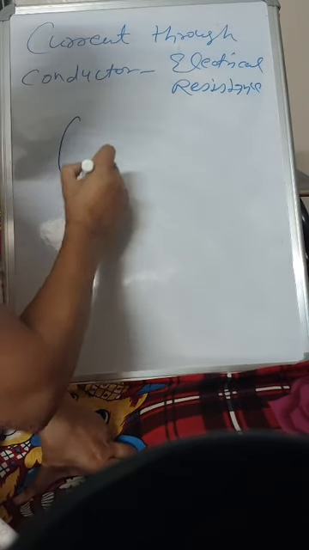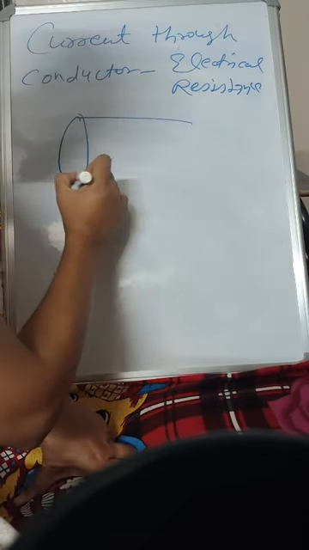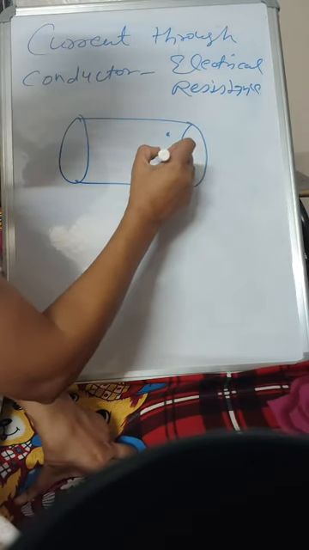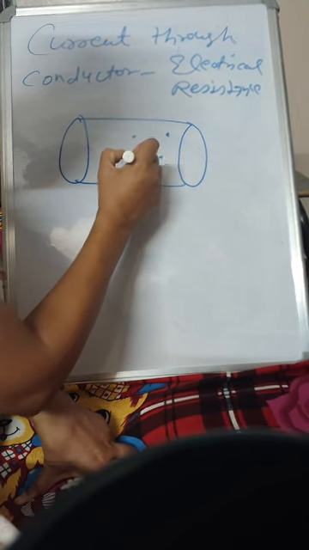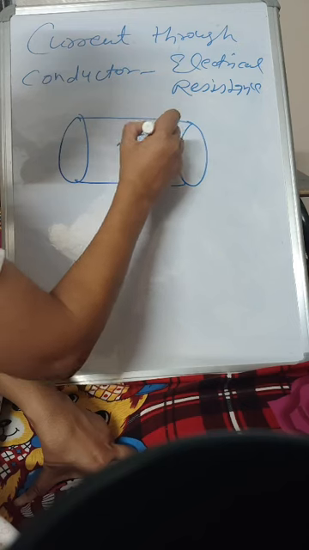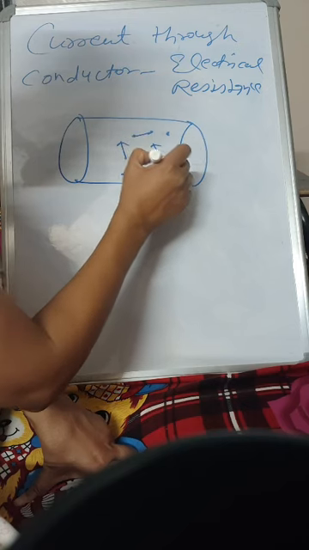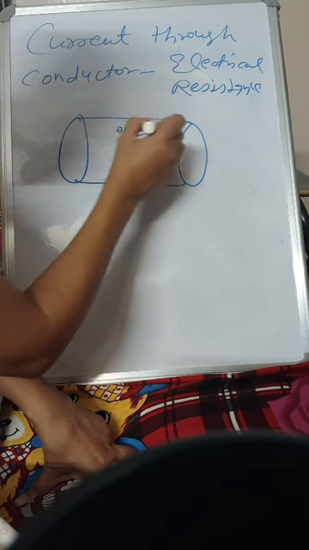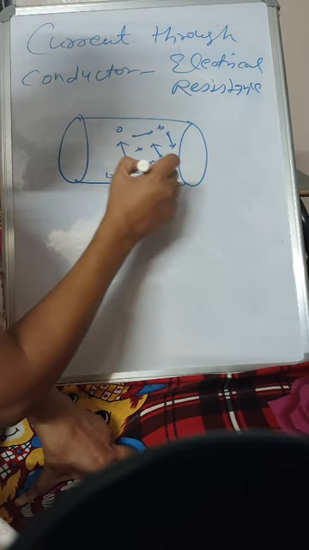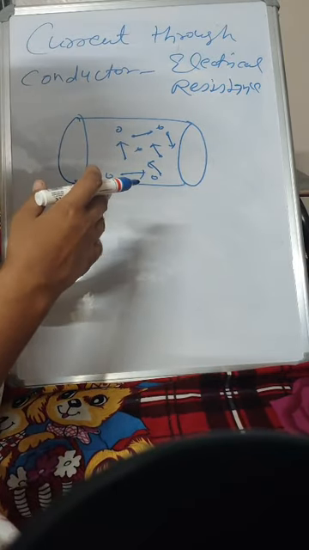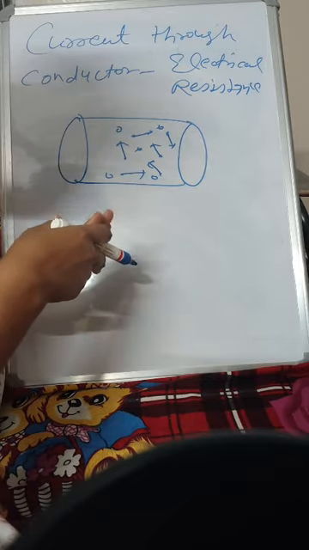For example, if we have a conductor like this, these small dots, we call them electrons, are in random directions. Also there are atoms or ions inside the conductor. The flow of electrons constitutes current.